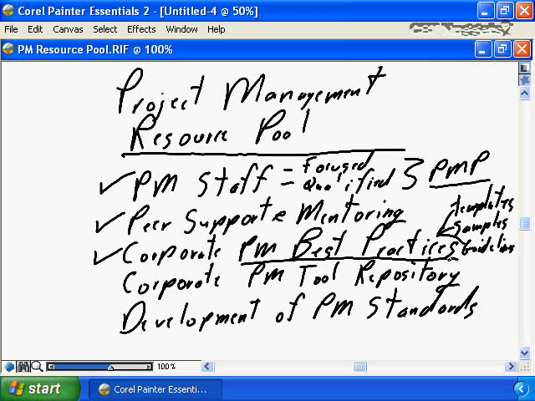No longer do projects have to start from blank pieces of paper. Projects now have full, robust, proven best practices within which projects can be delivered.